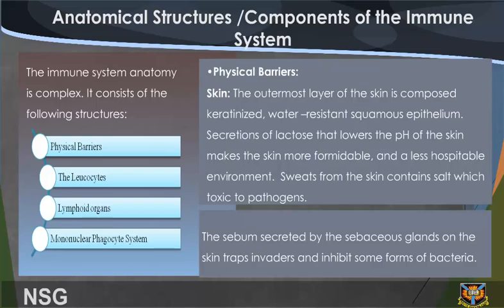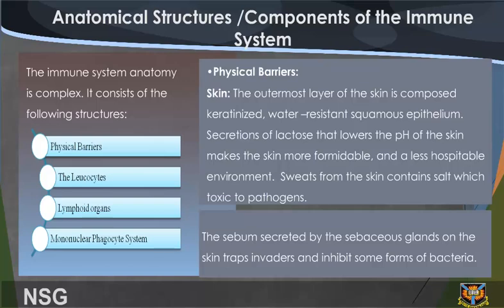Physical barriers. Skin. The outermost layer of the skin is composed of keratinized, water-resistant squamous epithelium. Secretions of lactic acid lower the pH of the skin, making it more formidable and a less hospitable environment.